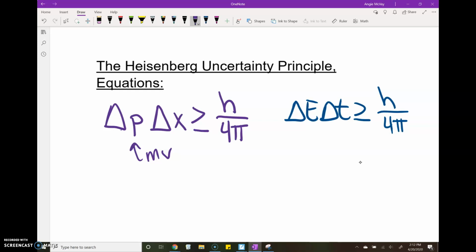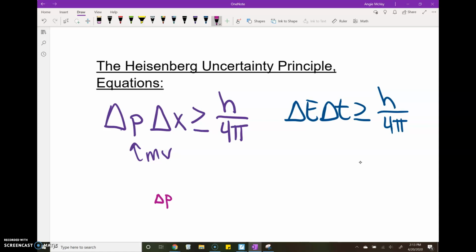All right, so let's take a look at what this means, right? If you're really sure about how fast a particle is going, you've got really small uncertainty in momentum, right? You're really sure about the momentum, the mass and the speed of a particle.